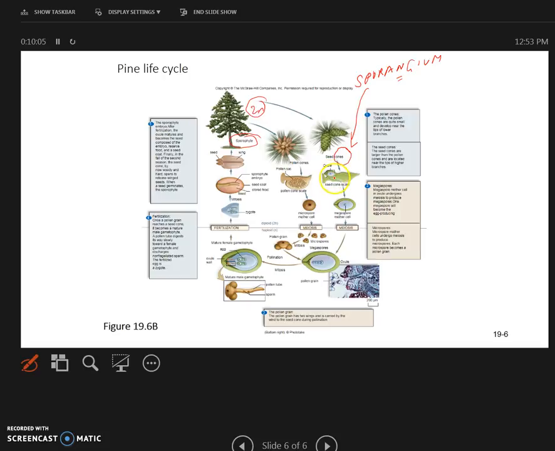The megaspore mother cell right now is diploid. It is going to undergo meiosis, and remember, meiosis is a reductional division, so from 2N you will have N. The only difference is that the megaspore mother cell is going to form only 1 egg, or megaspore. So again, the ovule has a megaspore mother cell which is diploid, undergoes meiosis to form a haploid. Only 1 megaspore will mature into what's called an egg, if you want to call it an egg.